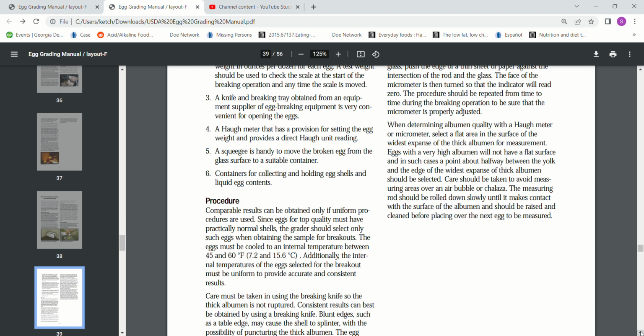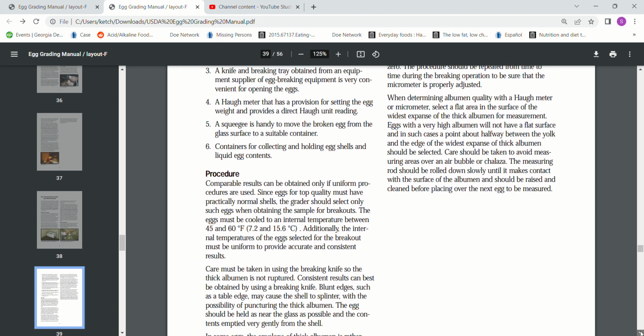A Haugh meter that has a provision for setting the egg weight and provides a direct Haugh unit reading. A squeegee is handy to move the broken egg from the glass surface to a suitable container. Containers for collecting and holding eggshells and liquid egg contents.